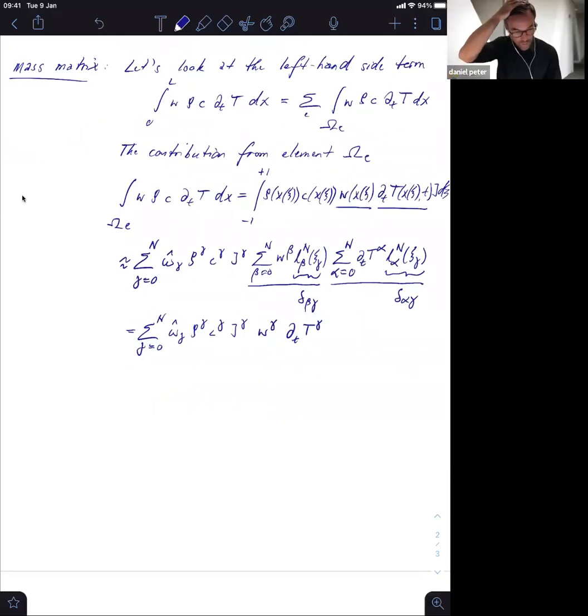We're going to see it, but in principle, what we are after is the mass matrix, which is a matrix Mij with i and j going from 1 to n, n being the number of GLL points.